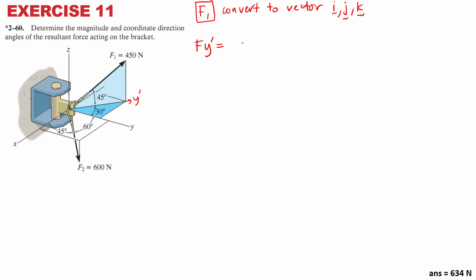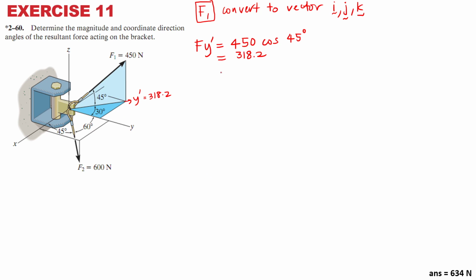So y prime, what is the value for y prime? Fy prime is equivalent to 450 cos 45 degrees. What is it? 318.2. Okay, this is your fy prime. Equals 318.2. So what is the fx value?